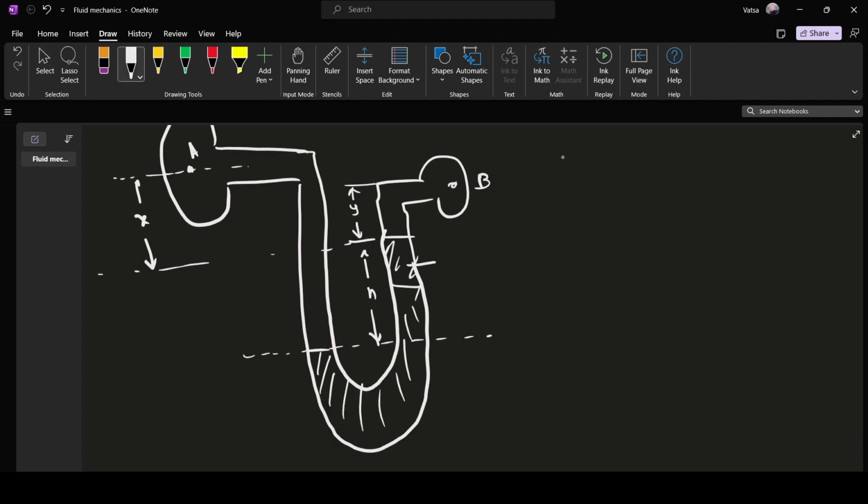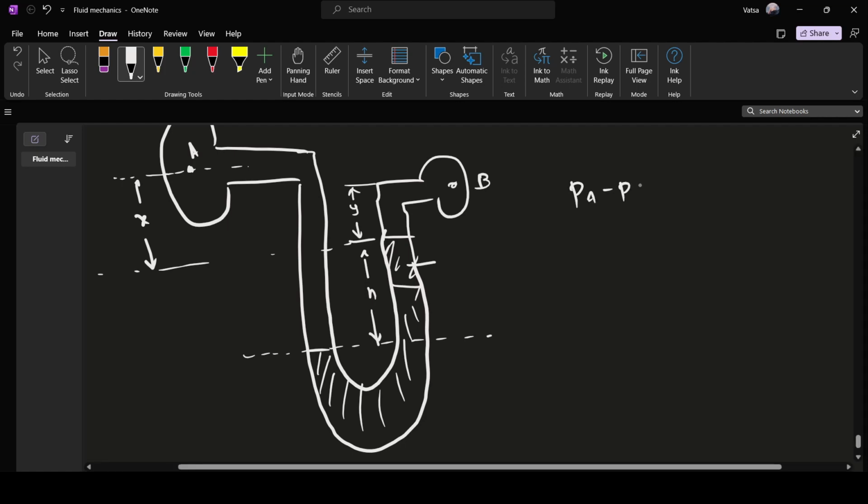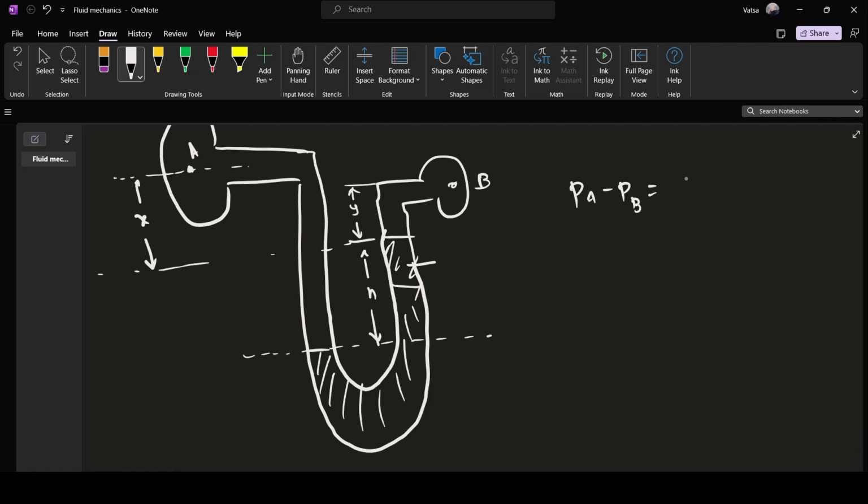So the formula goes like this. PA, the pressure in A minus the pressure in B, is given as g times (h rho g minus rho 1 ...), where rho g is the density of the heaviest liquid, like mercury.